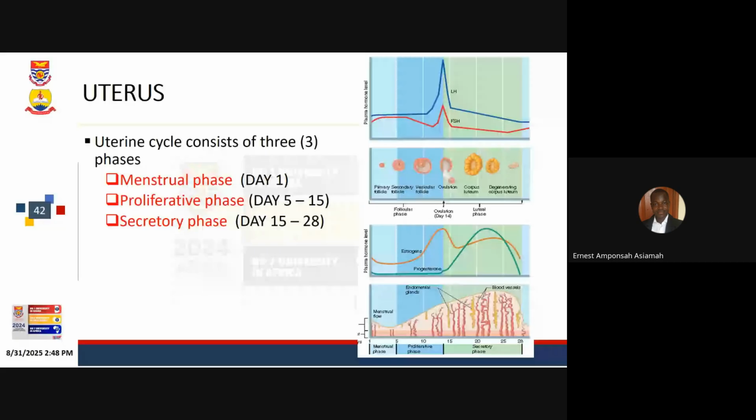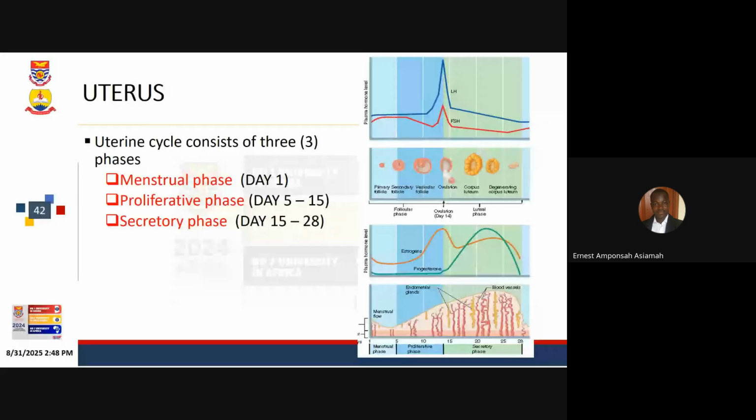Now the uterine cycle ceases at menopause. So for the education of some of our men, you also have to go through the uterine cycle. Okay, there are three phases of the uterine cycle. We have the menstrual phase, which is usually labeled as day one. Then we have the proliferative phase. Then we have the secretory phase.